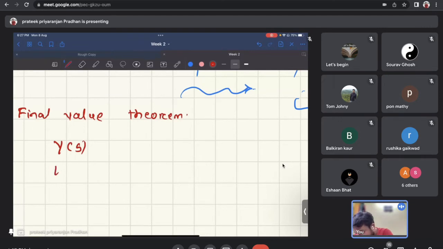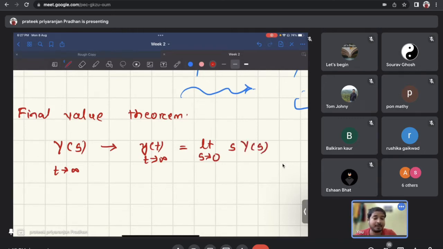That means when t tends to infinity, y of t at infinity will be the limit as s tends to 0 of s y of s. If you have a pen and paper, just write this equation and remember it. I can do the derivation, but that will take a lot of time and I don't want to go into that.